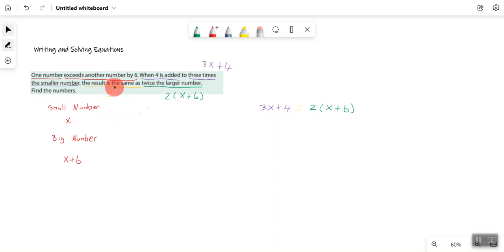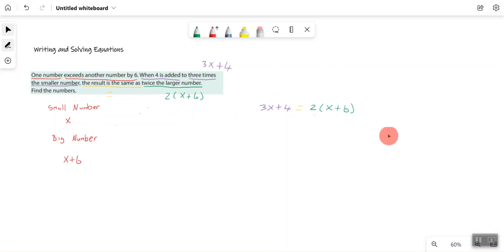The result is the same as, and the same as means equals, so the result of this is equal to twice the larger number. The larger number is x plus 6, and twice the larger number is 2 times x plus 6, which we can write like that.